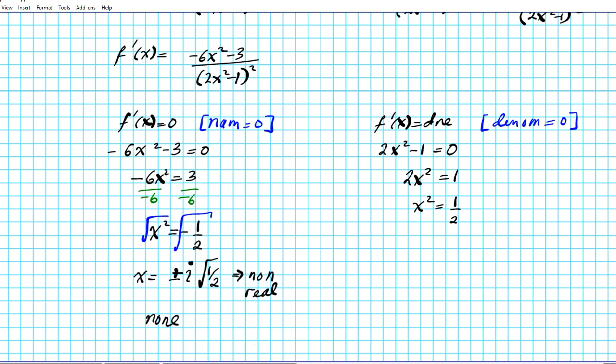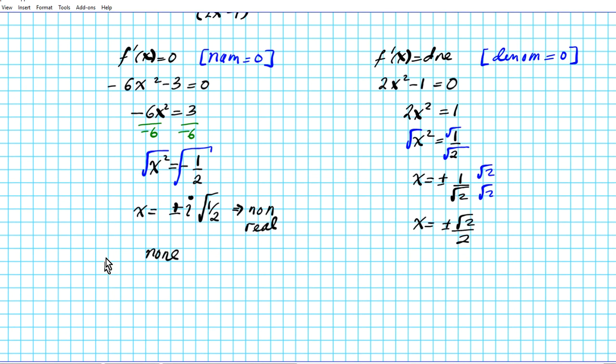You can take the square root of both sides of the equation. So we're going to have x equals plus or minus 1 over root 2. Of course, we want to rationalize the denominator, root 2 and root 2. And then we have our two critical numbers, plus or minus root 2 over 2. Alright, so let's go ahead and write it down.